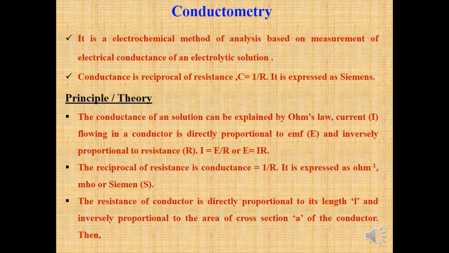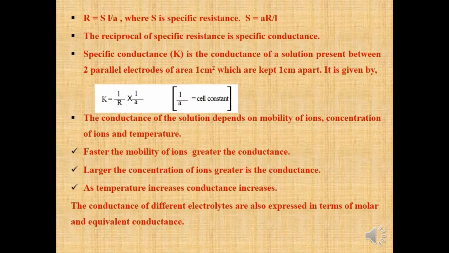The resistance of the conductor is directly proportional to the length L and inversely proportional to the area of cross section A of the conductor. Resistance R is given by R equal to S into L by A, where S is the specific resistance, S equal to AR by L. The reciprocal of specific resistance is the specific conductance.